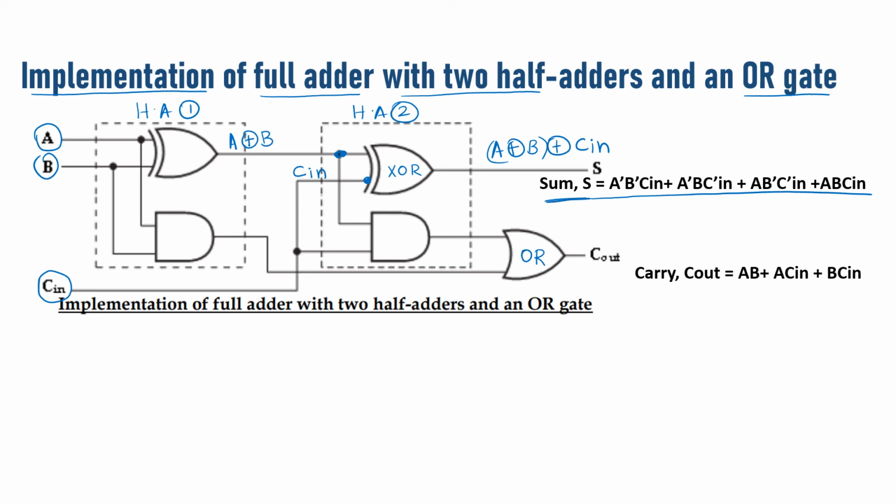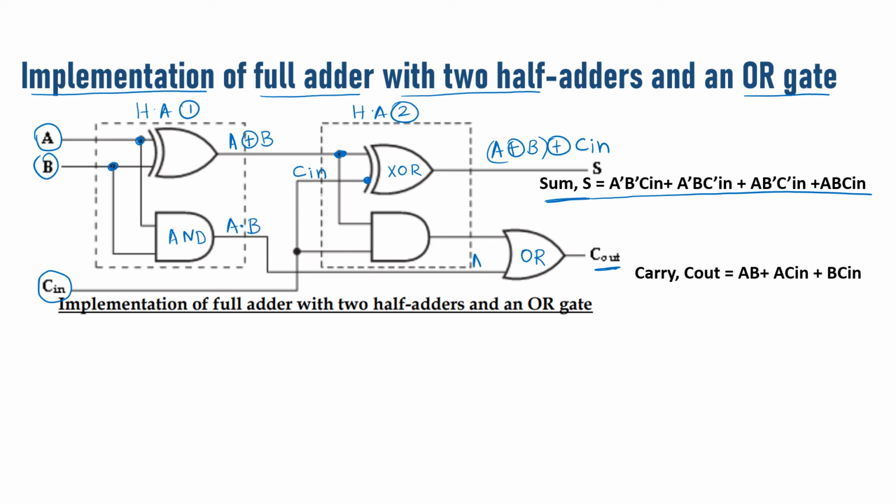So next we are going to see what the carry output is. In the carry output we are also using three inputs. A and B are the inputs for the first half adder. When it comes to the AND gate, the operation of this AND gate is multiplication. So here it will be A and here we have B, so it will be AB. This AB is given to the OR gate.